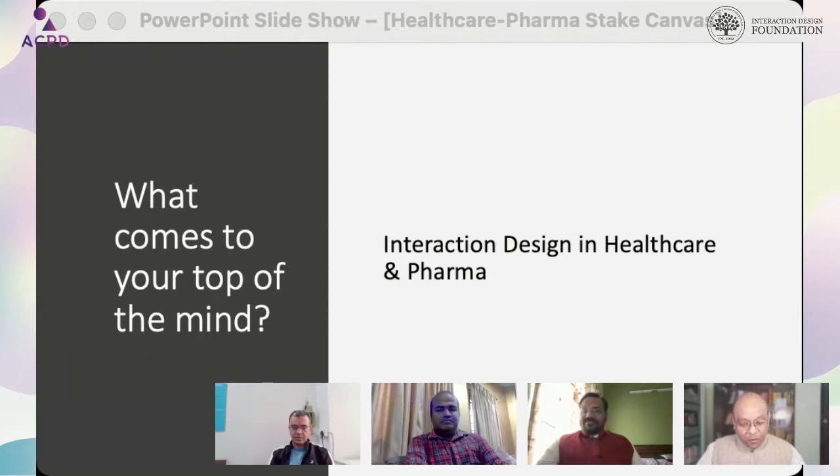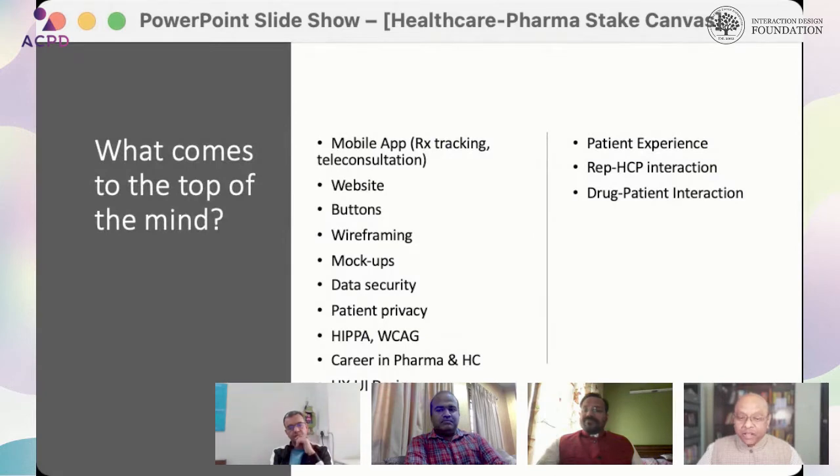Now, going forward, these are the things that came up from what people responded. Mobile app, because post COVID-19 the development of mobile apps for prescription tracking or adherence mushroomed like anything.